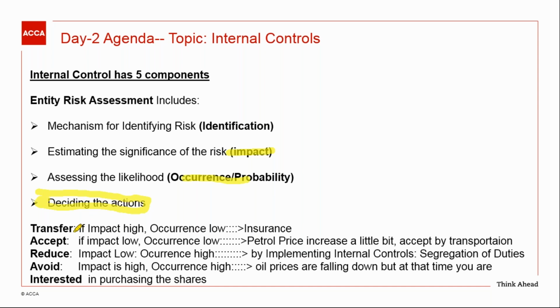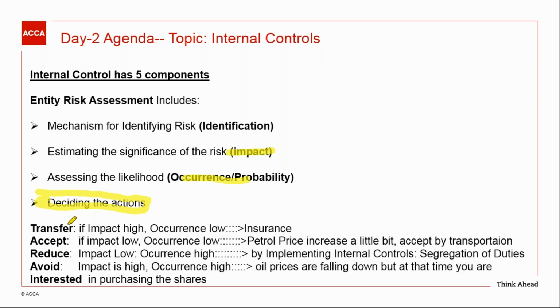Number one is transfer the risk, accept the risk, reduce the risk, avoid the risk. So there are four possibilities of what we can do about any predicted risk. These are the four strategies you can apply for the forthcoming risk.